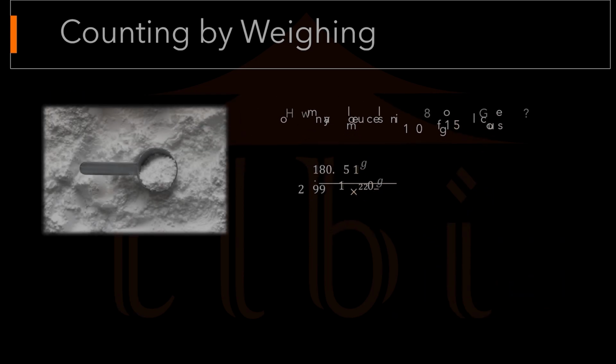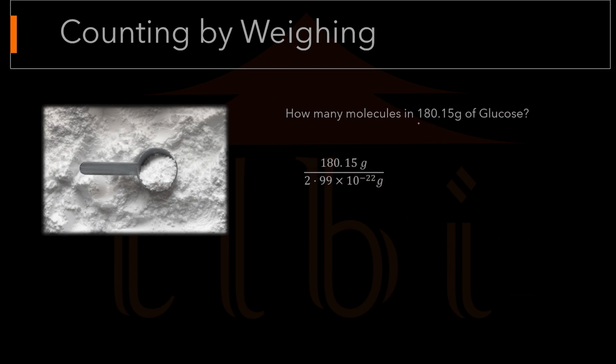How about if I give you this powder, and you weigh out 180.15 grams of glucose? This numerical value is similar to its atomic weight, but it's in grams. Now obviously you will do the calculation and divide the total weight by the weight of one glucose molecule, and this will give you 6.022 into 10 to the power 23 molecules.